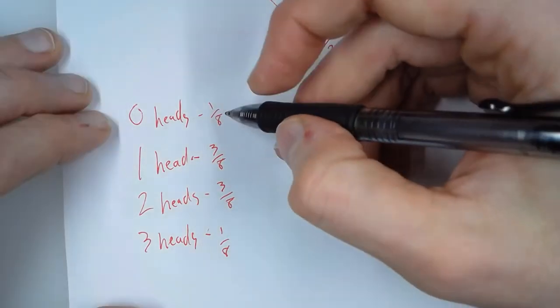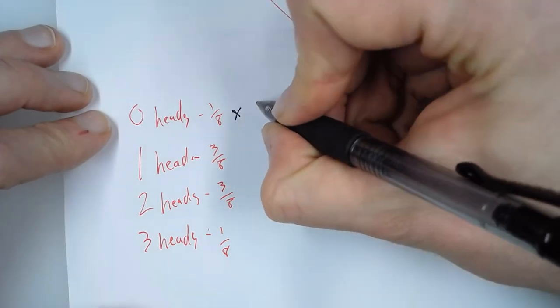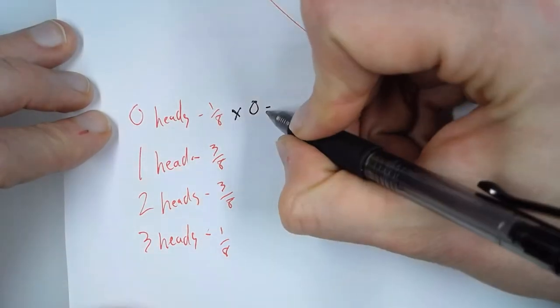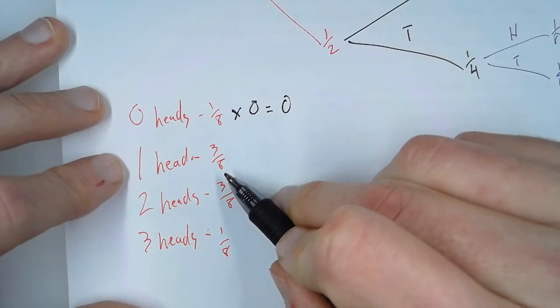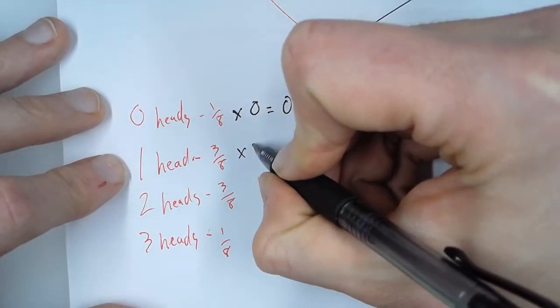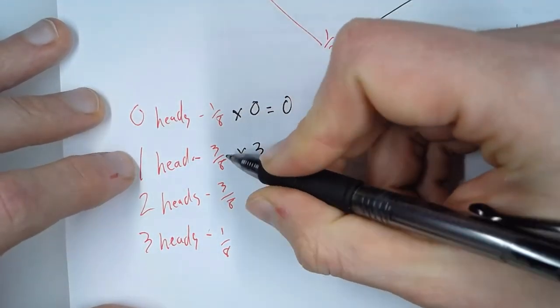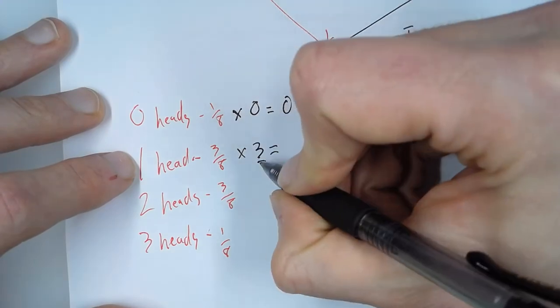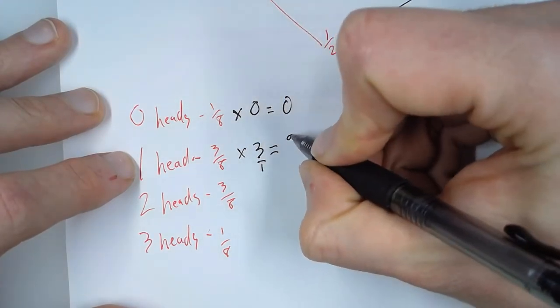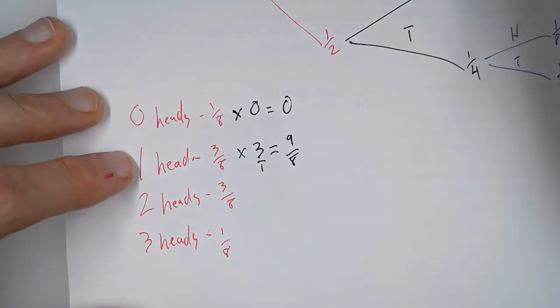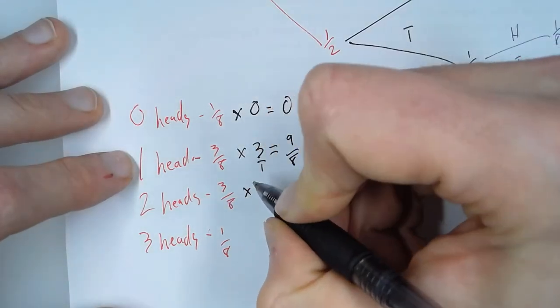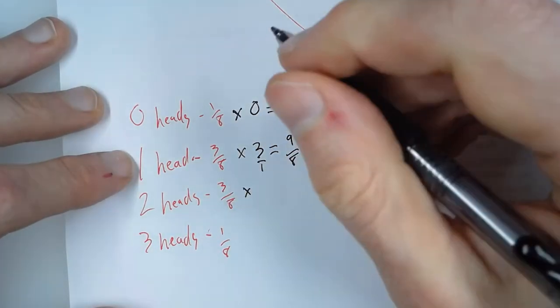Well, now we take these outcomes, these probabilities, and we multiply by the number of points. So if you get 0 heads, you're going to get 0 points for that. If you have 1 head, you're going to get 3 points for that. So 3/8 times 3, now you could think of this as 3/1, so that's 9/8. 2 heads, you're going to get 3 points for each coin that lands heads face up.